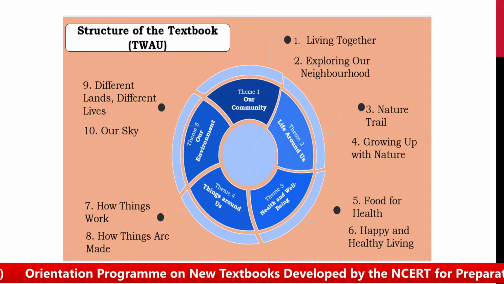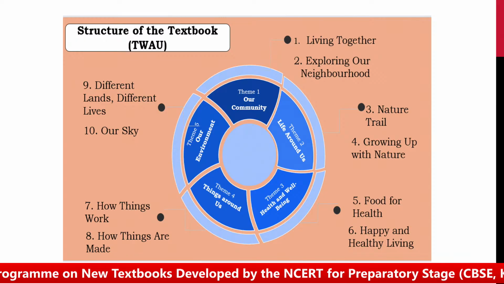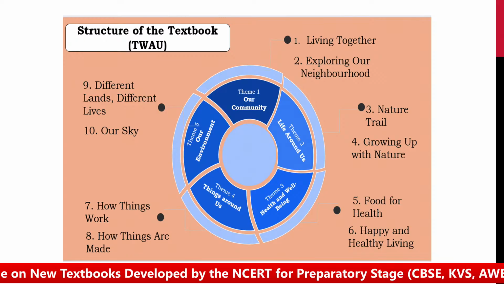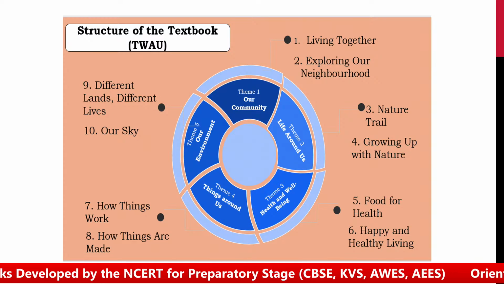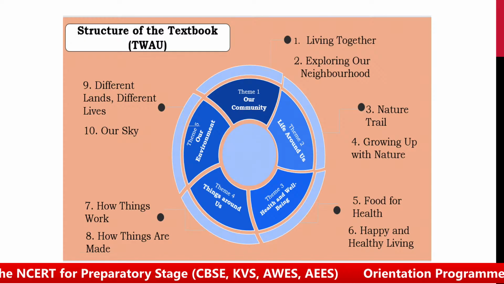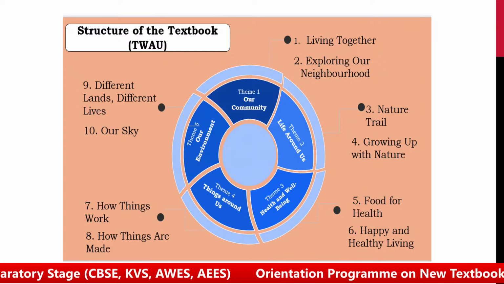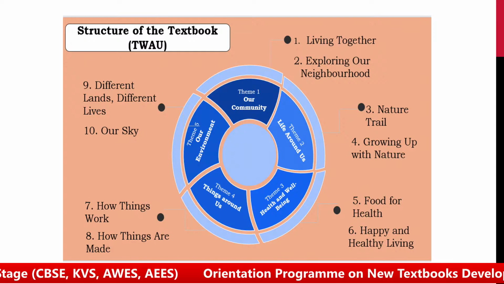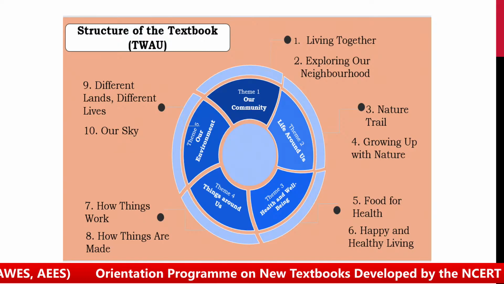It has 2 chapters. One is nature trail, and through the pedagogy of nature trail, we are introducing a vast variety of animals and plants, whereas the 4th chapter is growing up with nature, wherein the different indigenous practices related to nature have been depicted. Coming to the 3rd unit, it again has 2 chapters, that is food for health and happy and healthy living.